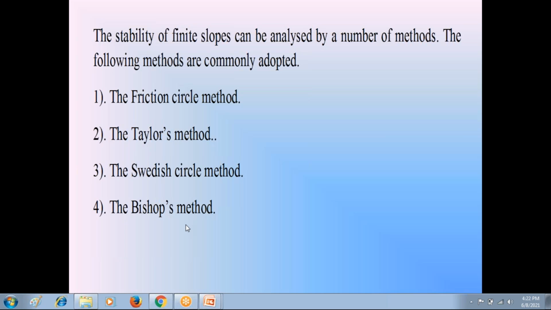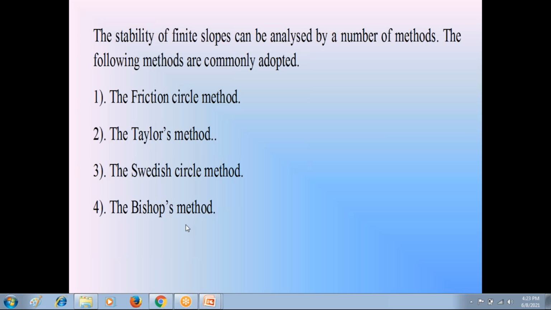We have those limits for the finite side slope, and it is of only small length, maximum 10 meters or 20 meters, or somewhat higher up to 50 meters. Whereas the infinite side slopes are very long. There is no top and no base for the infinite side slope.